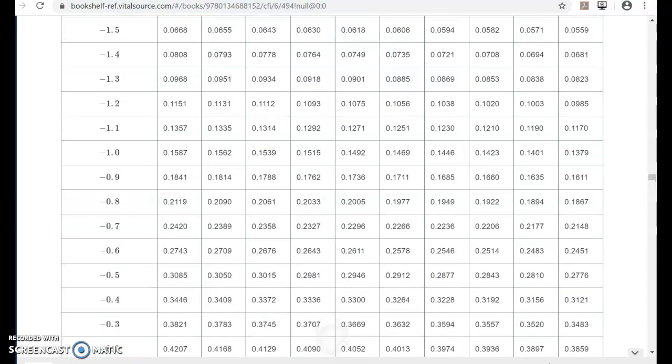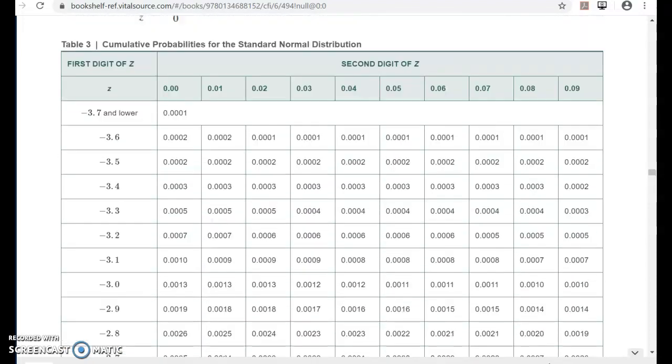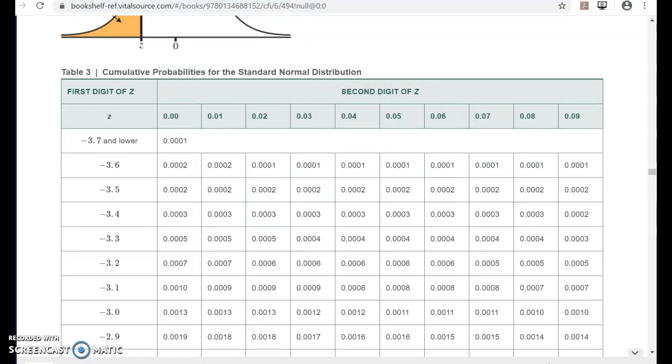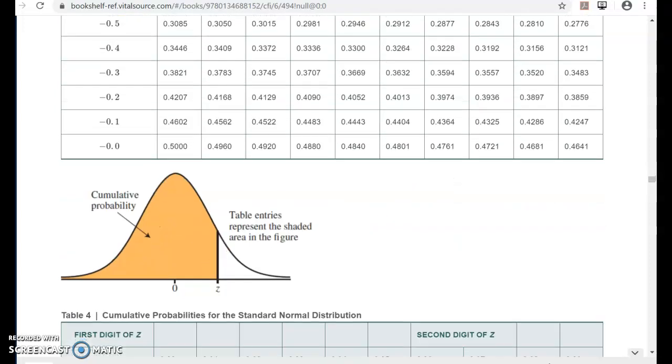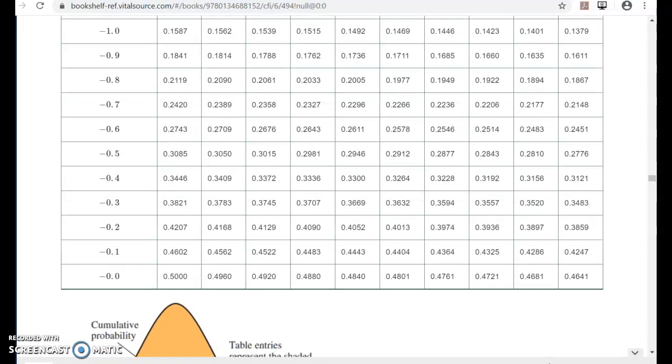Okay, here's the negative, and the first column is 0.0, so 0.50, and then let's go to 0.50, and then this is 0.3085 is 0.50, 51, 52, 53, 54, 55. So that would be 0.2912 on your table.